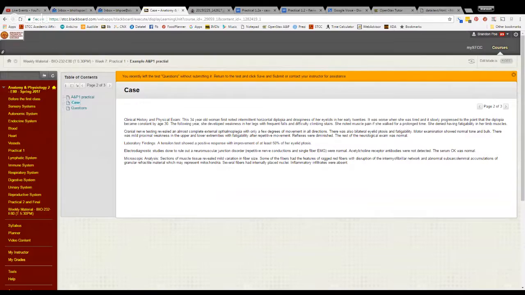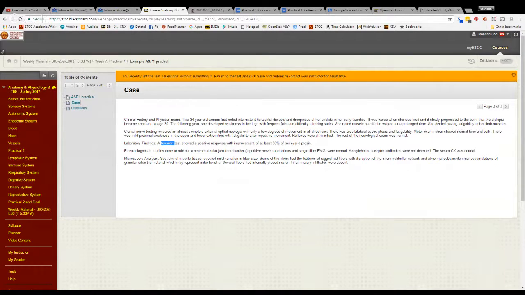Just trying to scan through quickly. There it is, under the laboratory findings. So it refers to a Tensilon test. So I would anticipate coming in after reading this case that you did in fact look up what Tensilon is, what the Tensilon test is, which falls into the definition or jargon aspect of what I said.